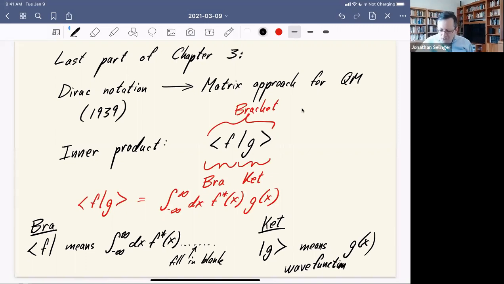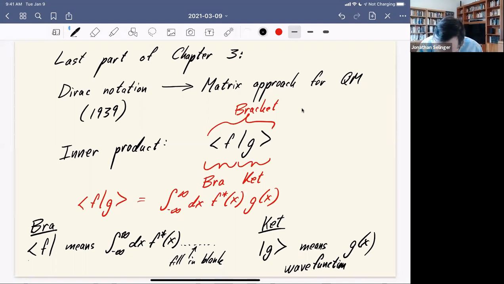So the bra is waiting for a ket to come along. It's waiting for something to come along and fill in the blank. It's waiting for a function to go here. It's like a subroutine that's ready to have some input, and then it will run on the input. So it's ready to receive something in the input place, and then you do the integral.